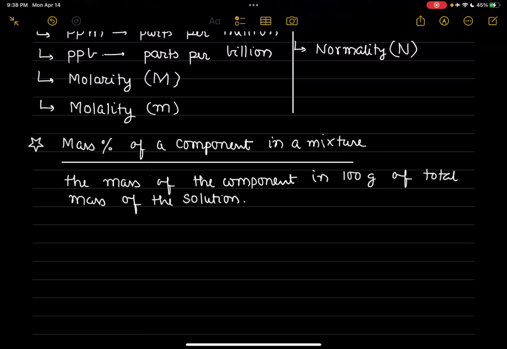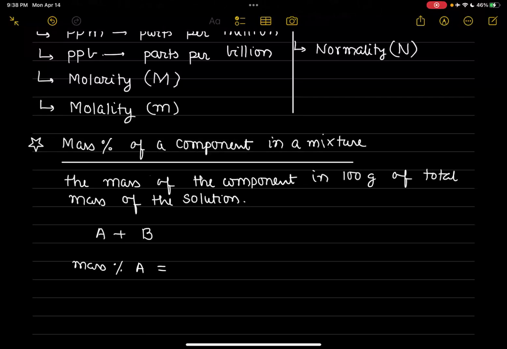So what is the formula? Suppose you have a mixture of A and B, what is the mass percentage of A? How to calculate it?